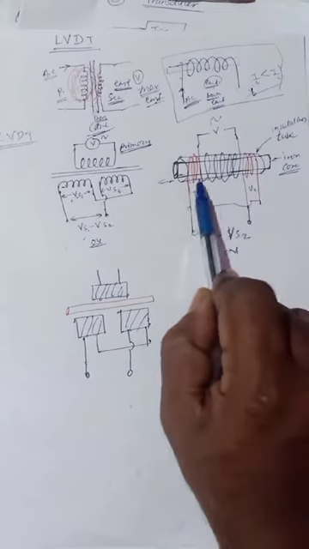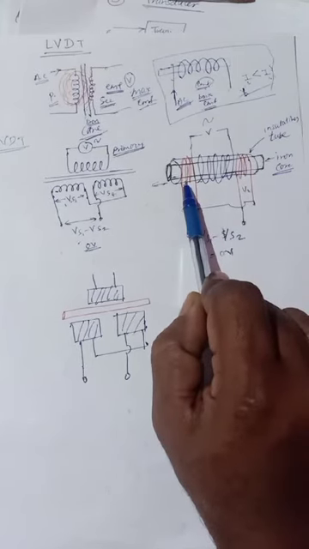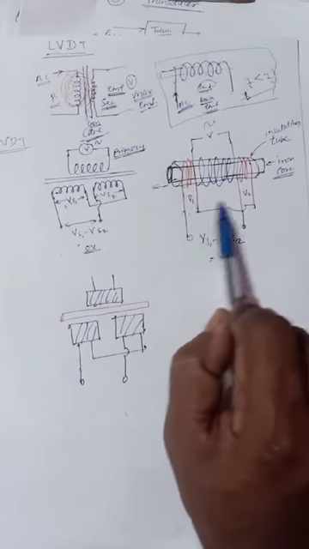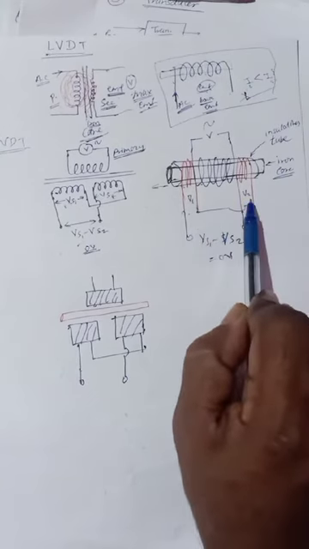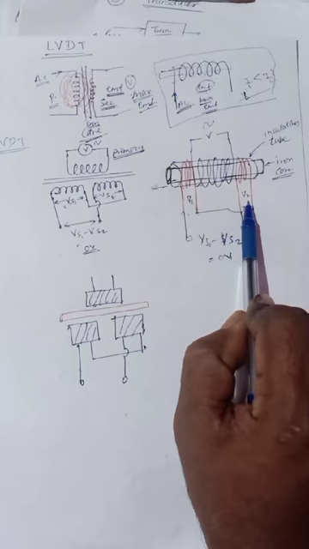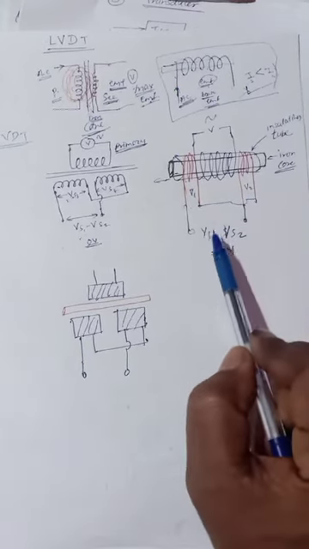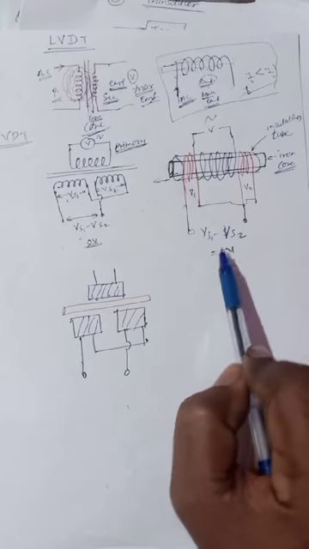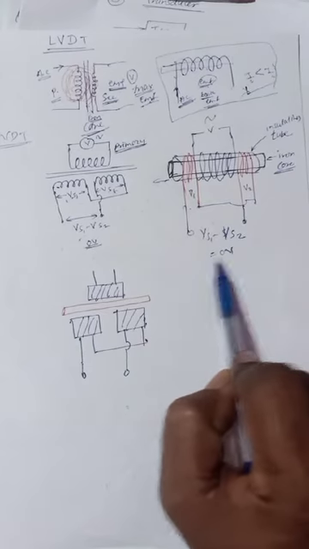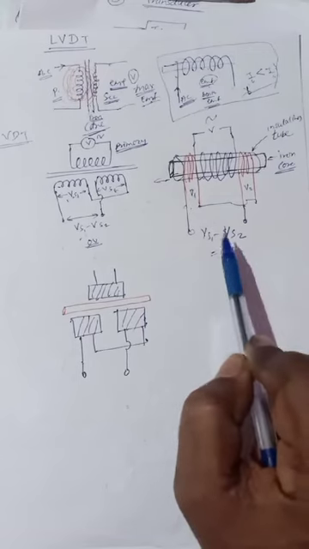These two windings have the same number of turns, so the voltages developed in both windings are equal, Vs1 equal to Vs2. If we connect them out of phase, we get Vs1 minus Vs2, that is 0 volt.